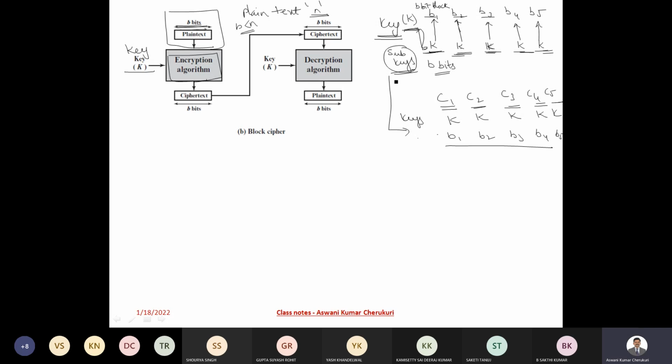Is C2 dependent on anything other than B2 and K? No, sir. C2 is dependent only on B2, the plain text block, and the key. Similarly, C3 is based on B3 and K. So this is independent processing.